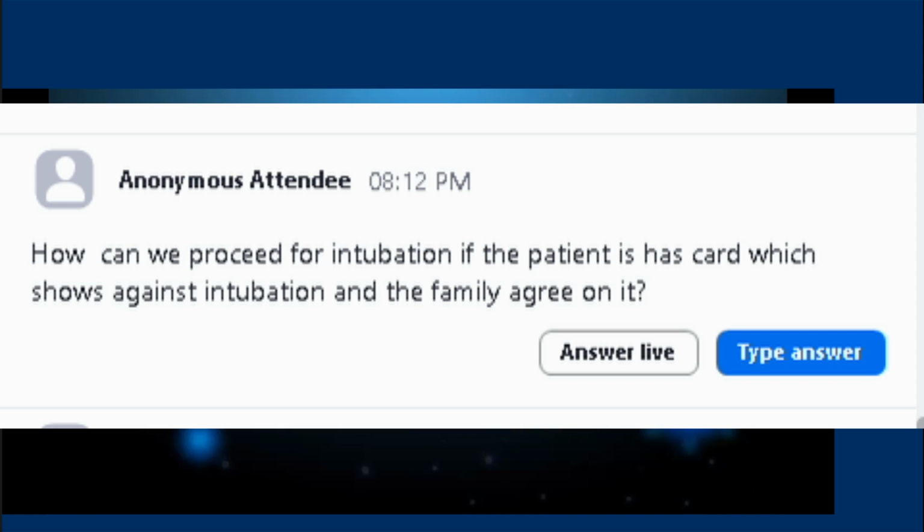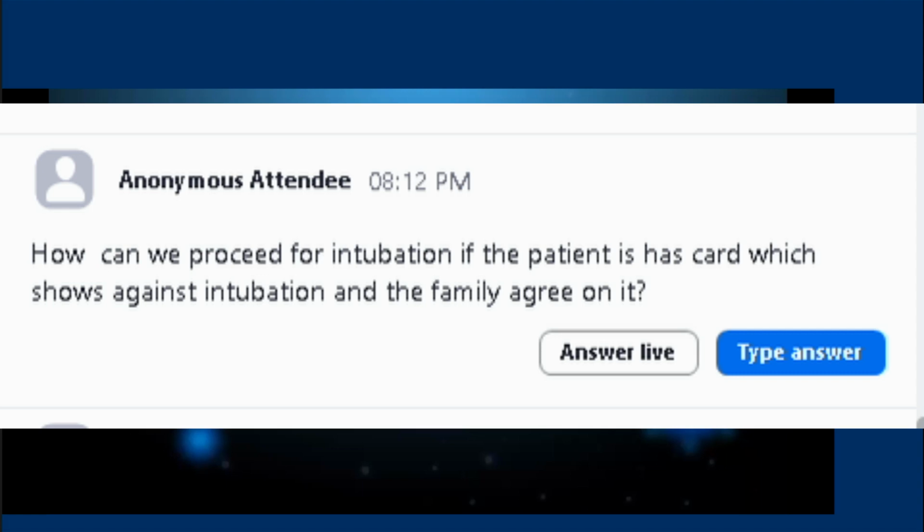The family should be communicated with concerning major decisions, especially in COVID and other cases. You inform them of the benefits and the problems associated with the intervention you are planning. If the family is refusing intubation, and the patient also has the card in his pocket, then you respect his will. What you do is all the other medication management other than the intubation.